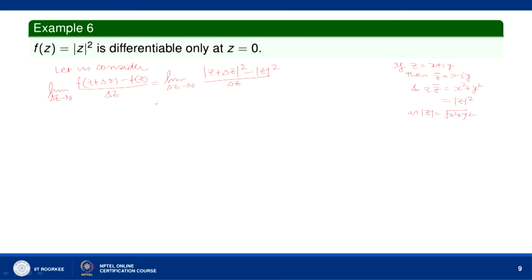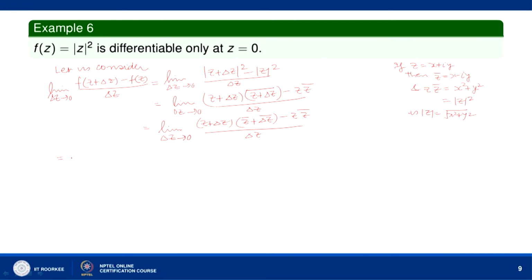So, we can write here limit delta z tends to 0, (z plus delta z) into (z plus delta z) conjugate minus z into z conjugate divided by delta z, which is equal to limit delta z tends to 0, (z plus delta z) into (z conjugate plus delta z conjugate) minus z z conjugate divided by delta z.